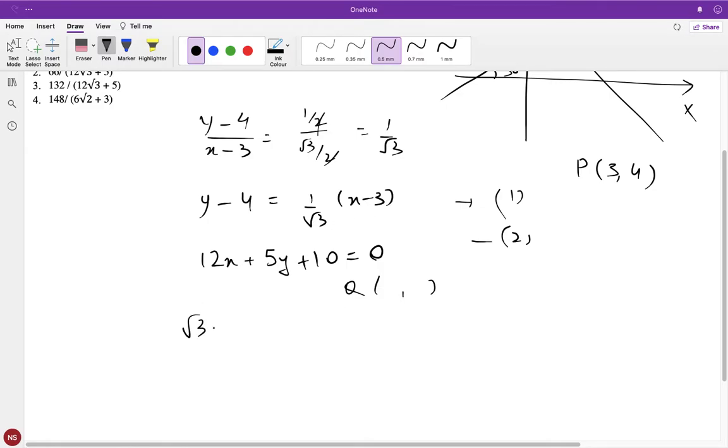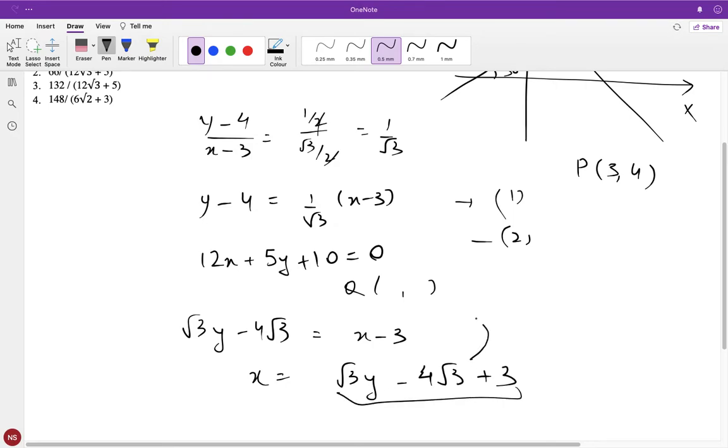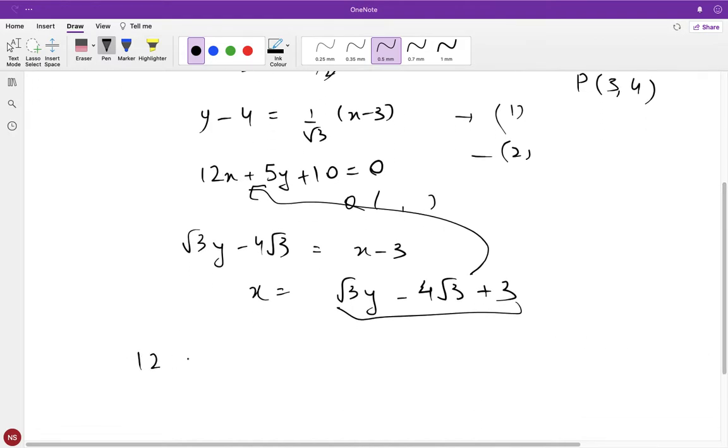So root 3y minus 4 root 3 is equal to x minus 3. So x is equal to root 3y minus 4 root 3 plus 3. You substitute this big thing over here. You will calculate the value of y.